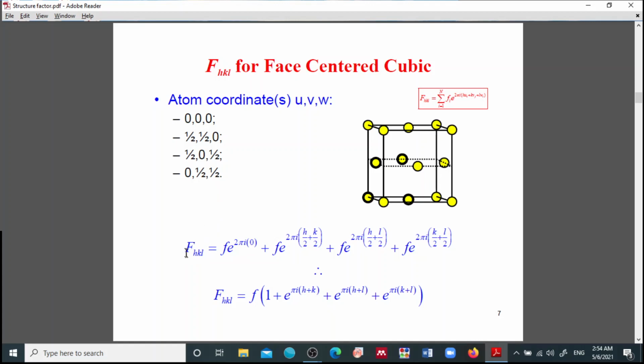So the structure factor, the amplitude, comes out to be this for the first atom, and this for the second atom, third atom, and fourth atom. So this is the master equation.